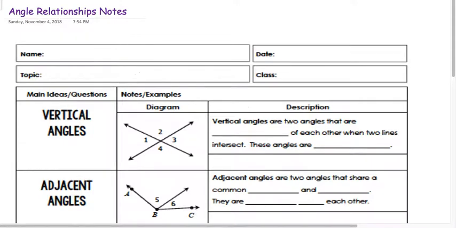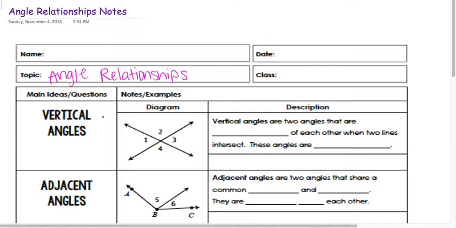I just got this little thing this weekend, and I'm still learning how to write on this thing. Okay, so angle relationships is what you're going to write here for the topic. And then under class, you're just going to put the class period.